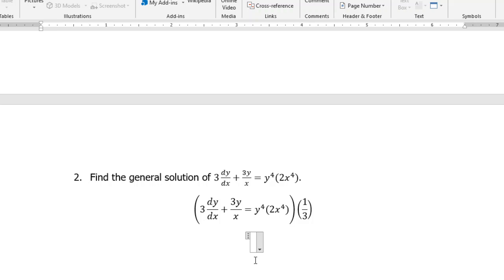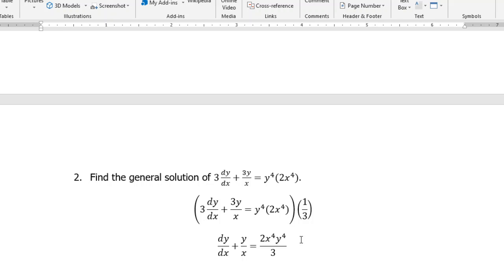So, magiging dy over dx plus y over x is equal to 2x to the fourth, y to the fourth over 3.